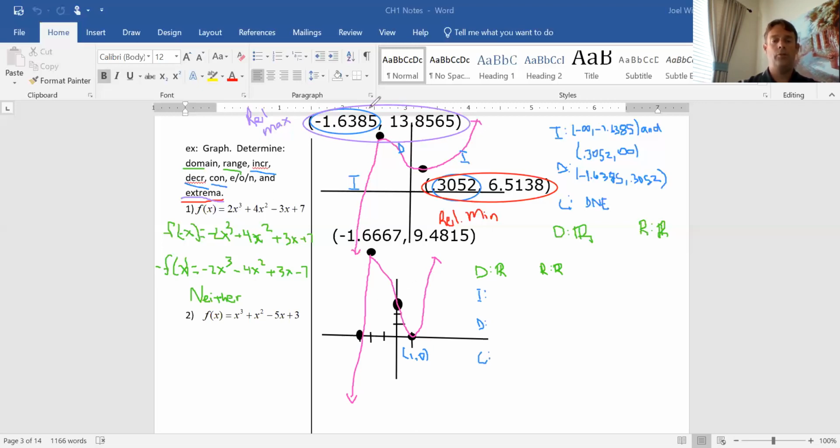So all we care about with these ones again are the x values. Increasing from negative infinity to -1.6667.